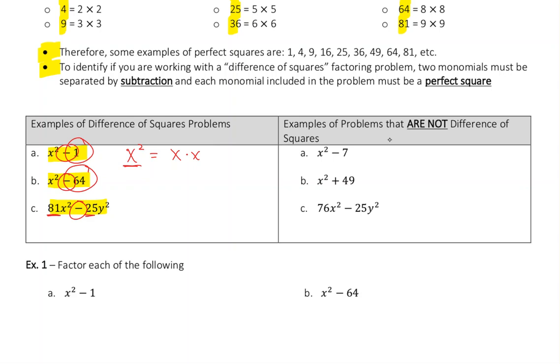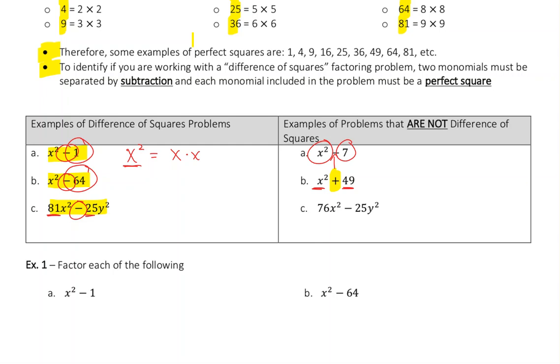If you look to the right, these are not difference of squares. Here, x squared is a perfect square. Yes, you still have subtraction involved, but 7 is not a perfect square, therefore that is not a difference of squares problem. The second one, x squared is a perfect square, 49 is a perfect square, but the issue here is that we have addition and not subtraction in between these 2 terms, therefore this is not a difference of squares problem.